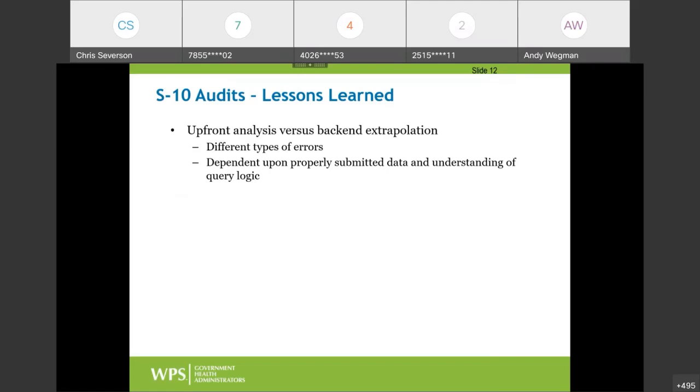We haven't heard from CMS, but I wouldn't be a bit surprised if they mention that in the proposed rule, or at the very least if there are going to be some comments from the proposed rule that make it into the final rule. It'll be really interesting to see what they say about that. One of the thoughts, because the question came up, is will they try to average this?